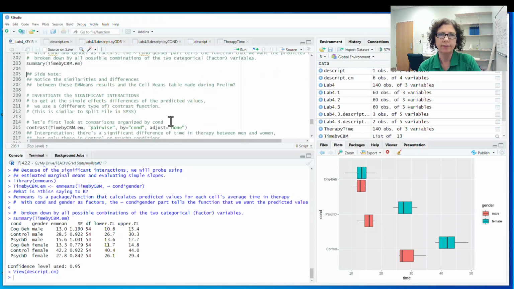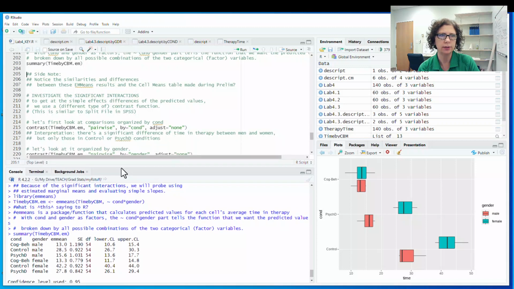So to investigate the significant interactions, what we're going to do is probe the interaction by looking at the simple effects of the differences. And it's a different type of contrast sum or contrast function, not a treatment coding or anything. And when you look at the SPSS video, it's similar to the split file.